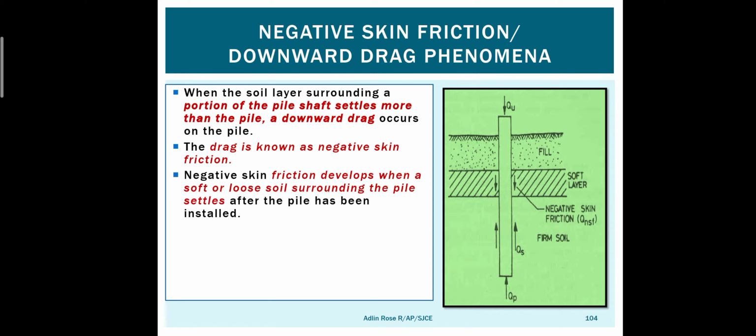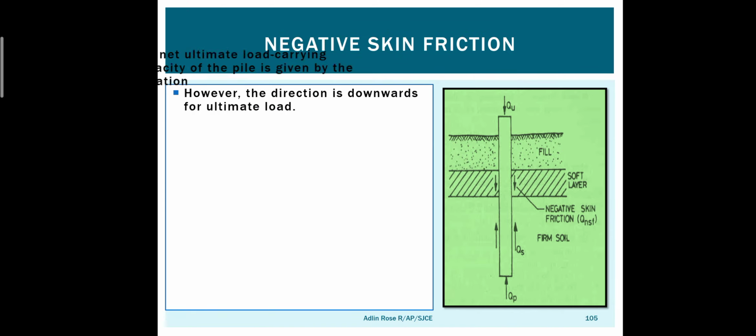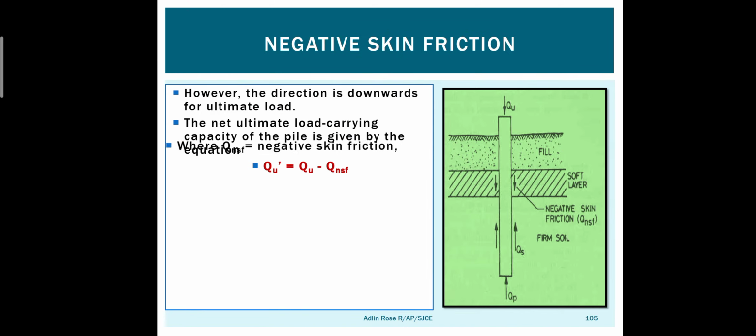It will come downward. Because of this negative skin friction, there will be a negative effect on the resistance also. So when you are finding the ultimate load, the net ultimate load QU dash is equal to the ultimate load that we find by other methods minus the resistance due to the negative skin friction, which is QNSF.